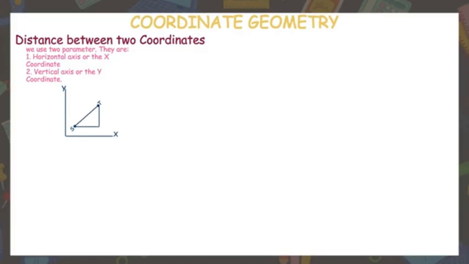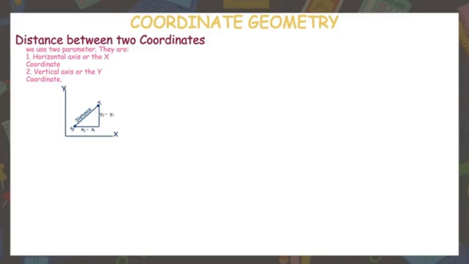This is the distance between two coordinates. Here we have y-axis, x-axis. Here we have it as x2 minus x1, and here we have it as y2 minus y1.